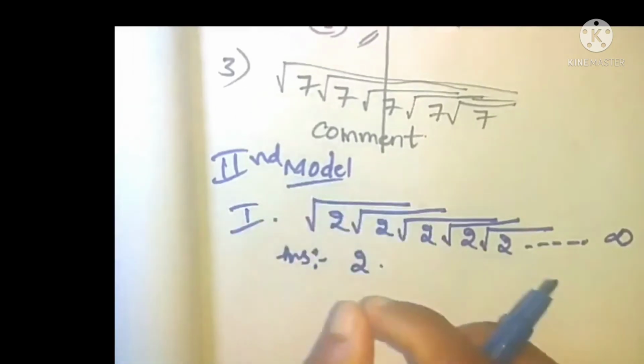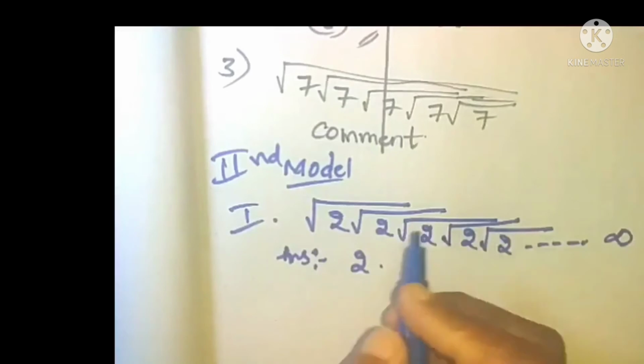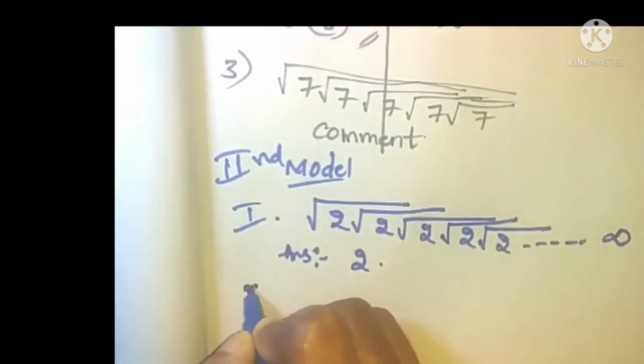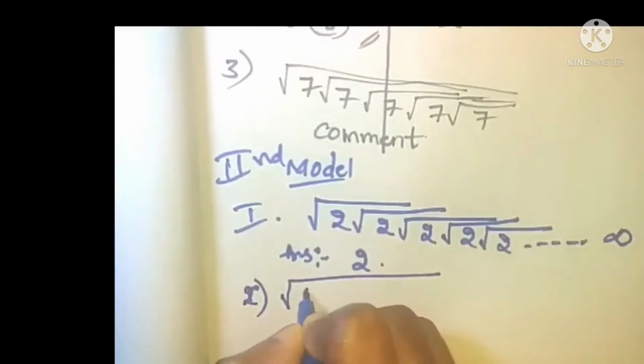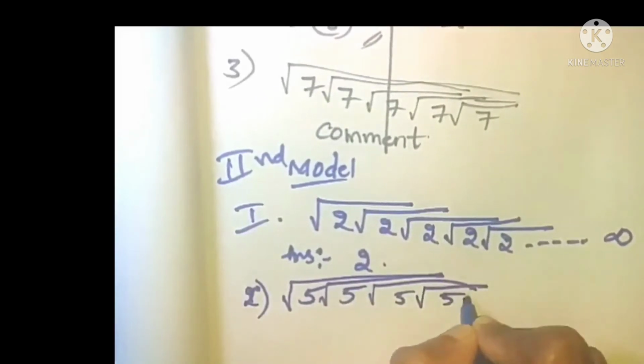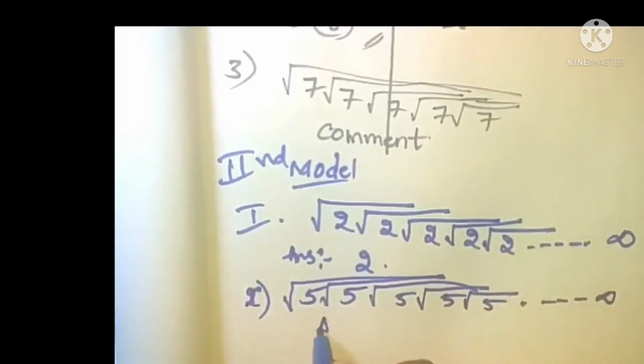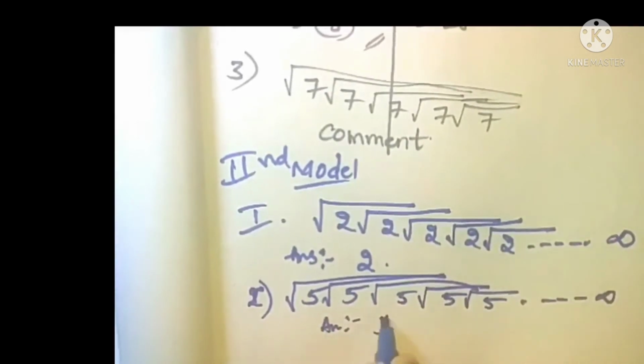Usually we do it in a very lengthy manner, but I am here to explain only the shortcuts. For the second problem, if it is under root 5, under root 5, under root 5, under root 5, under root 5 and so on to infinity, the answer is 5.